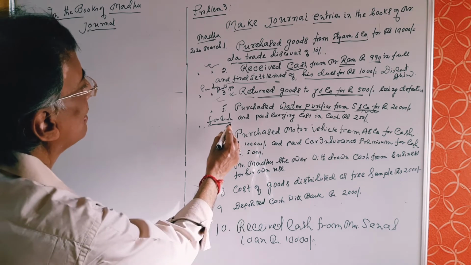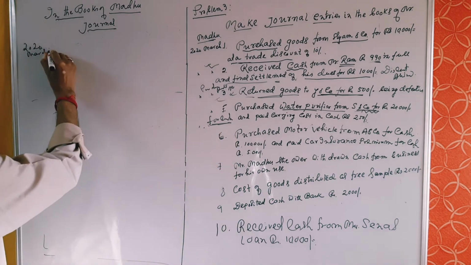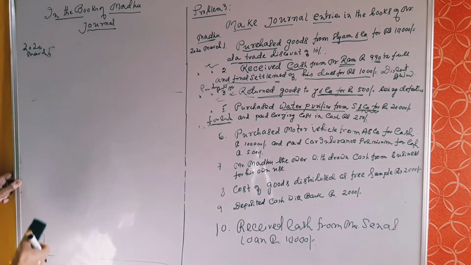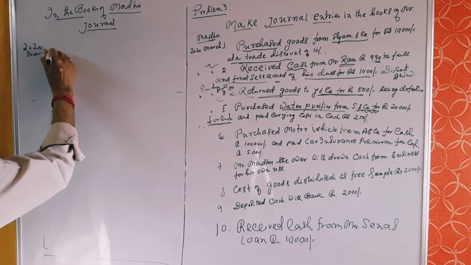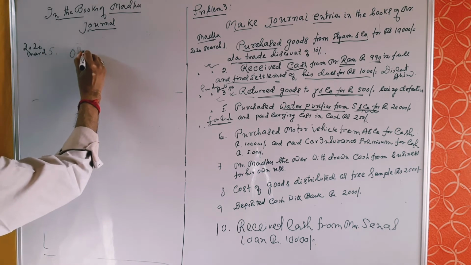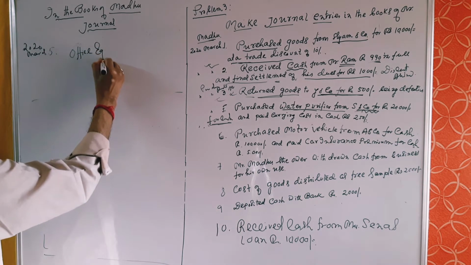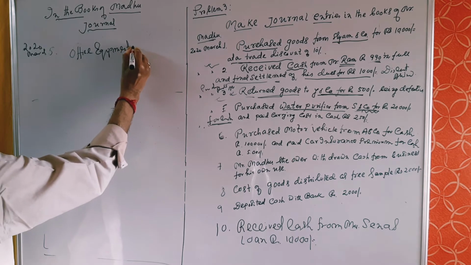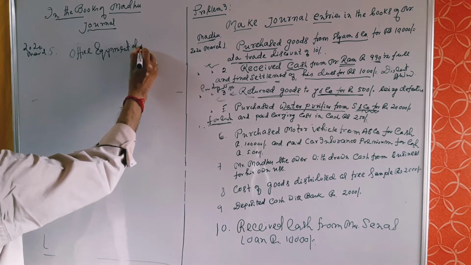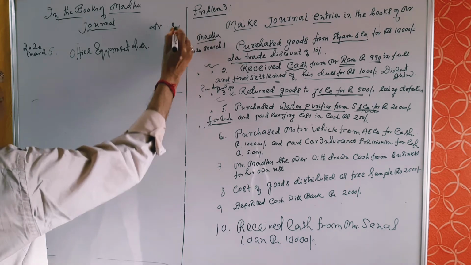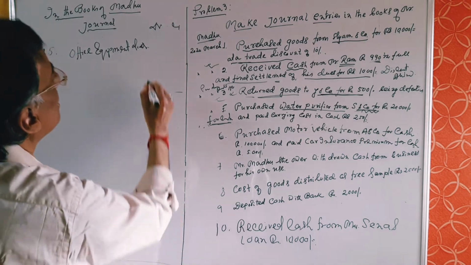Transaction dated 5th March. Office equipment account debit, how much? 20,000.